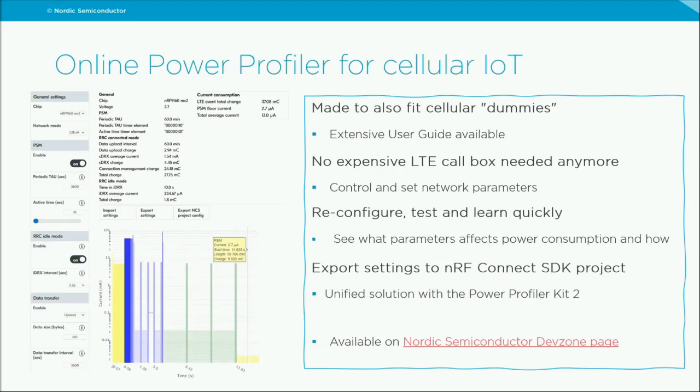Now we're looking into how you can optimize power consumption. We have made the Online Power Profiler for cellular IoT. This is a tool hosted on the Nordic Semiconductor DevZone page.